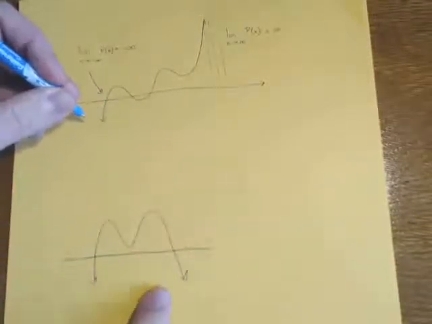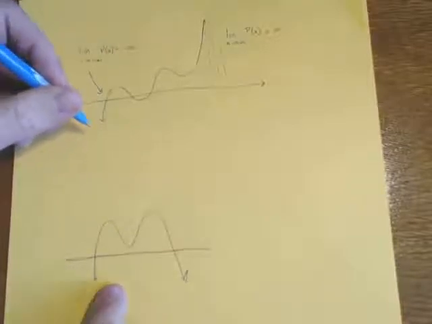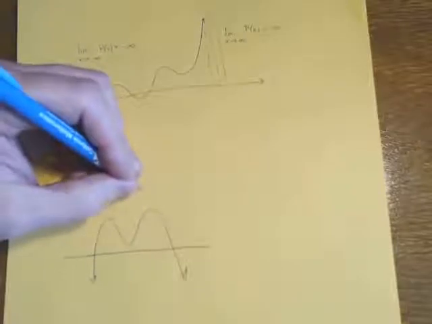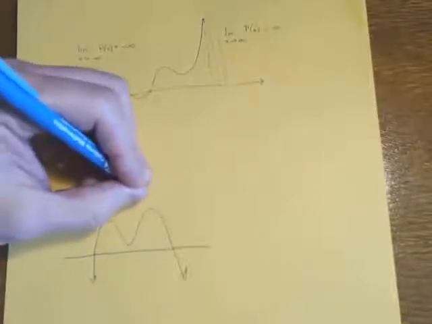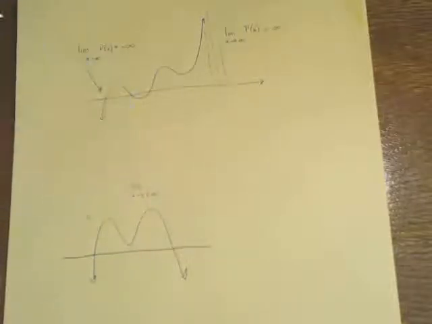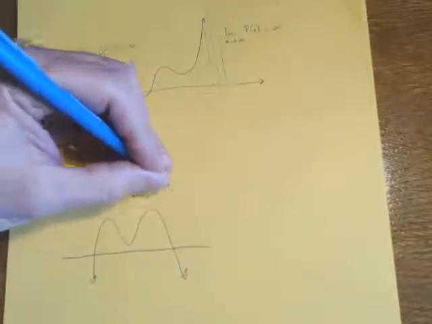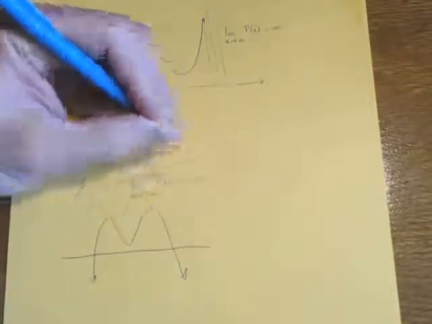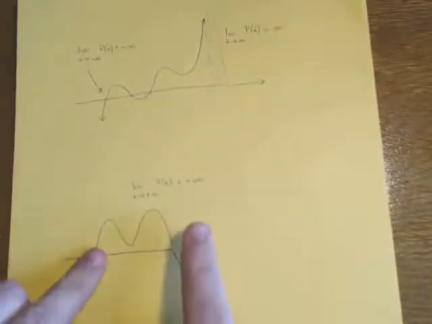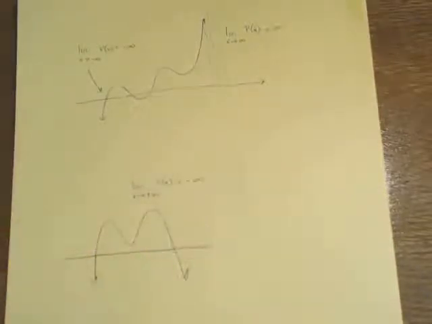In this case, the y values on both ends are diving down. So you could say the limit as x goes to plus or minus infinity of your polynomial is negative infinity. Okay, those are end behaviors, very important for graphing polynomials.